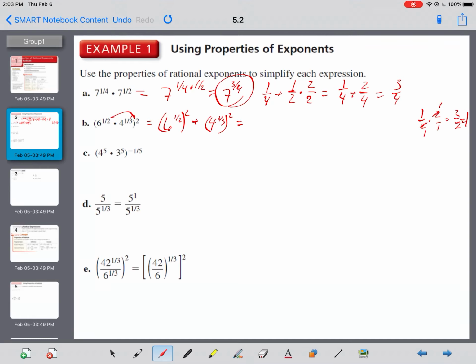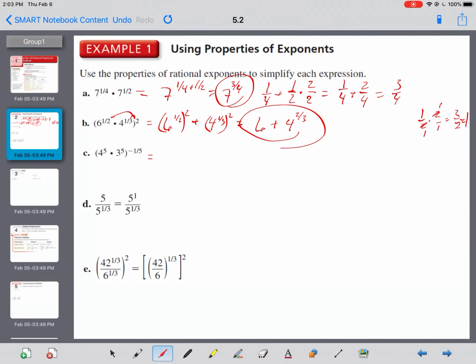Really, you could just reduce top and bottom. So that becomes 6 plus 4 to the 2/3. 1 times 2 is 2, 3 times 1 is 3, goes 2/3. There's not a third root of 4. So we leave it just like that.